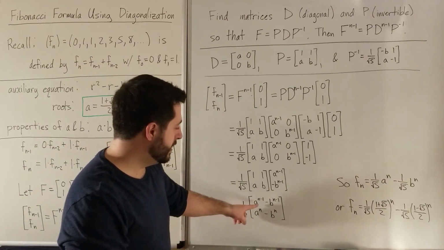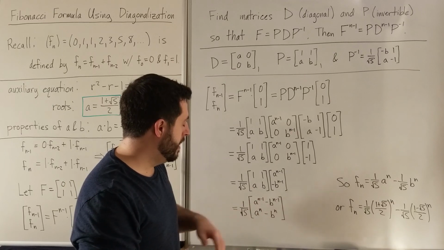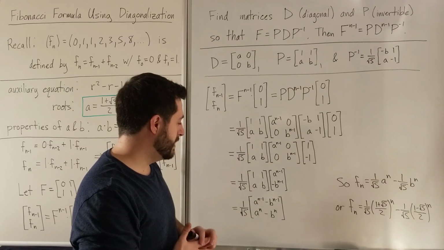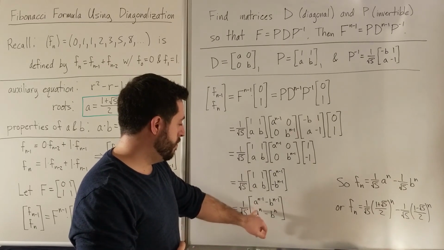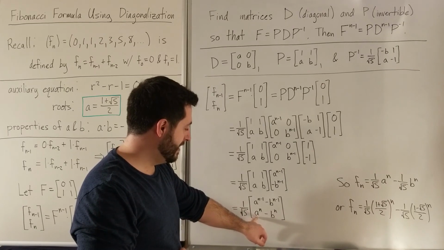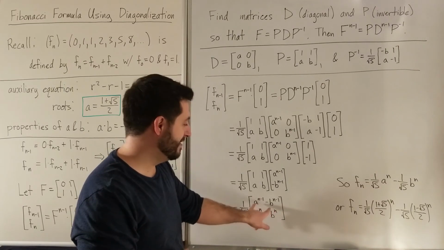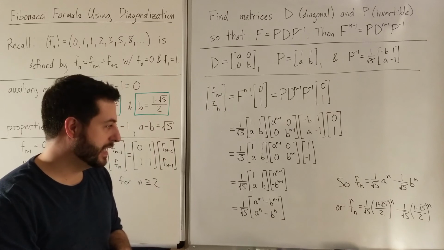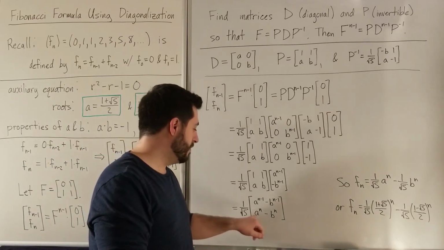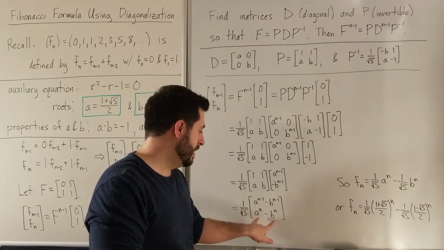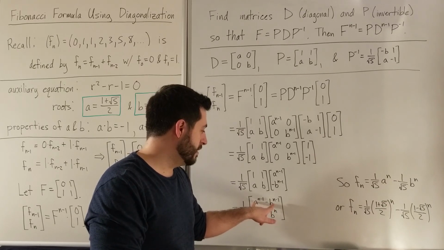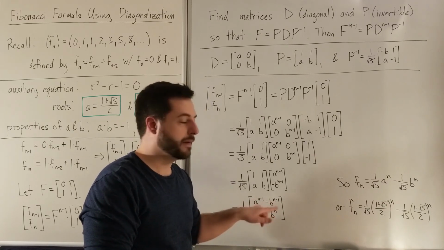Just to note, these two terms right here are consecutive terms of a sequence. One of them looks like the nth term in a sequence, and the other looks like the n minus first term. In other words, if this is a function of n, then this should be that function with n minus 1 replacing n.